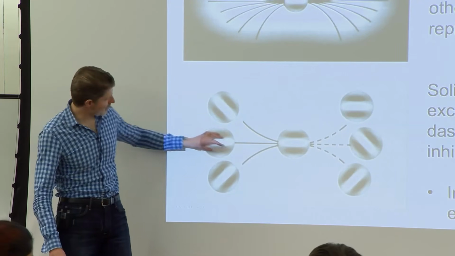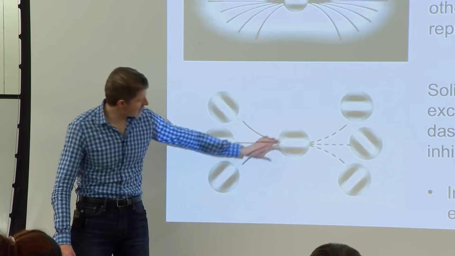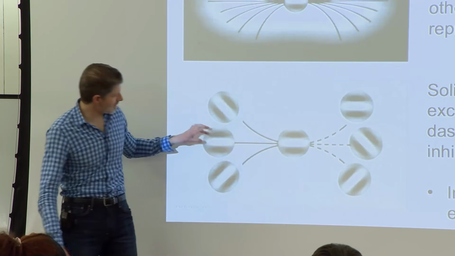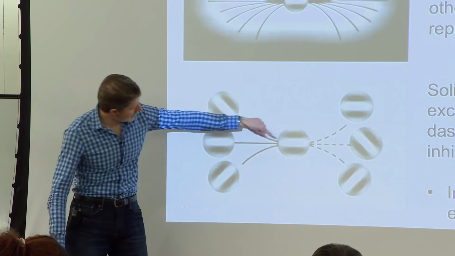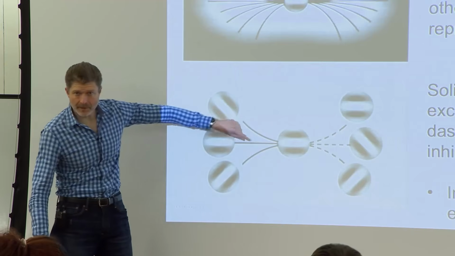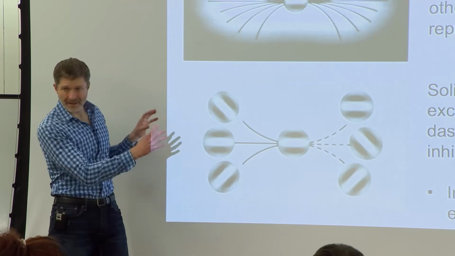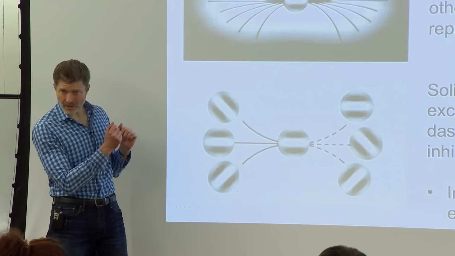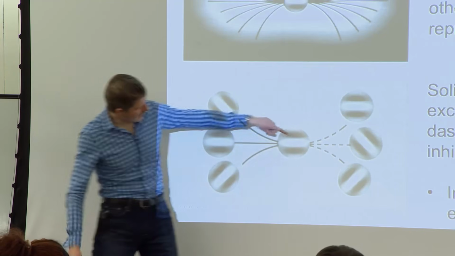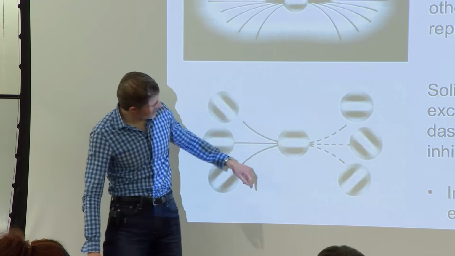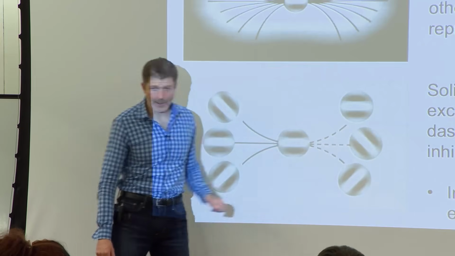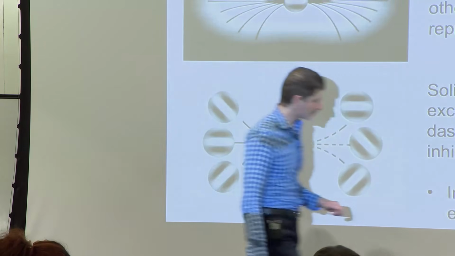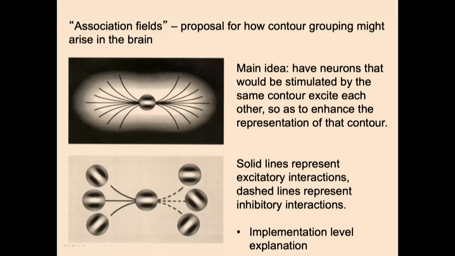What that means is that if they're both stimulated, so let's say there's some orientation energy here and some orientation energy here, then they kind of boost the responses of each other. Okay? And that ought to cause that set of neurons to then kind of be accentuated in the neural representation. By comparison, these inhibitory interactions wouldn't cause that to happen. Okay? So this is an implementation level explanation of this kind of phenomena. Okay.